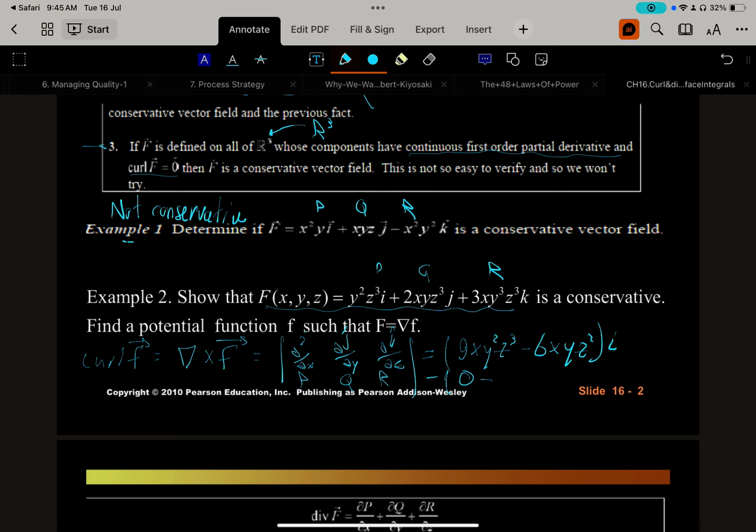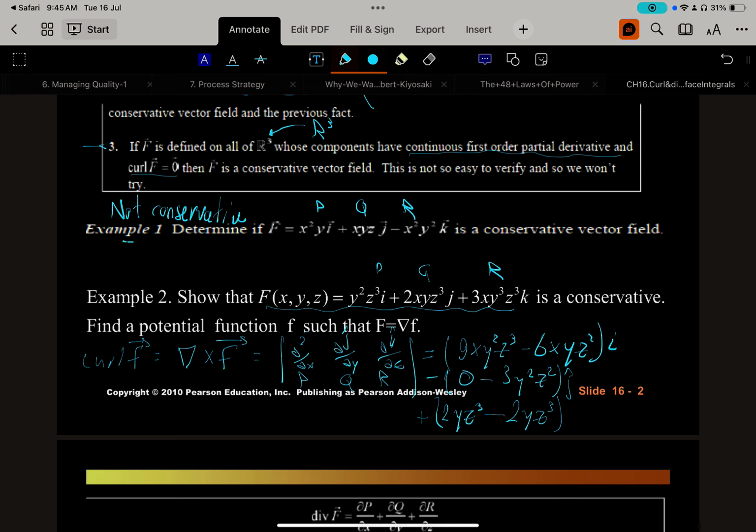Okay, so we're gonna block this, so P_z, which is 3y squared z squared. And then we get plus, for the k it's just Q_x, 2yz cubed, minus, and we're gonna get P_y, so P_y is just 2yz cubed also.